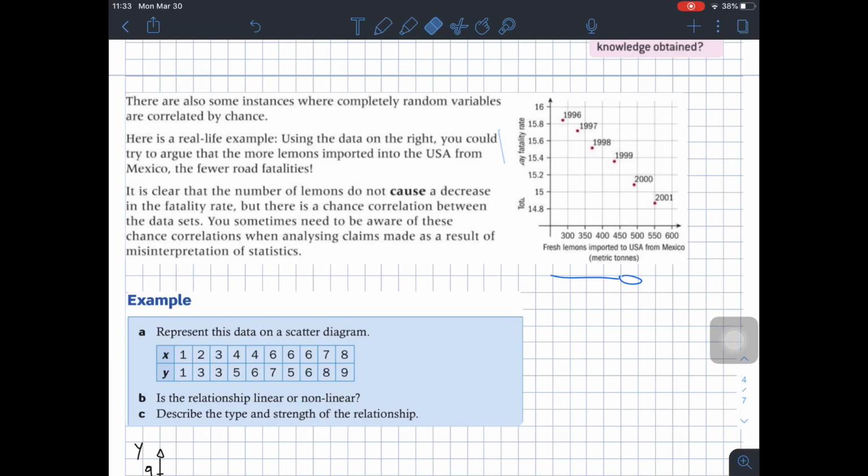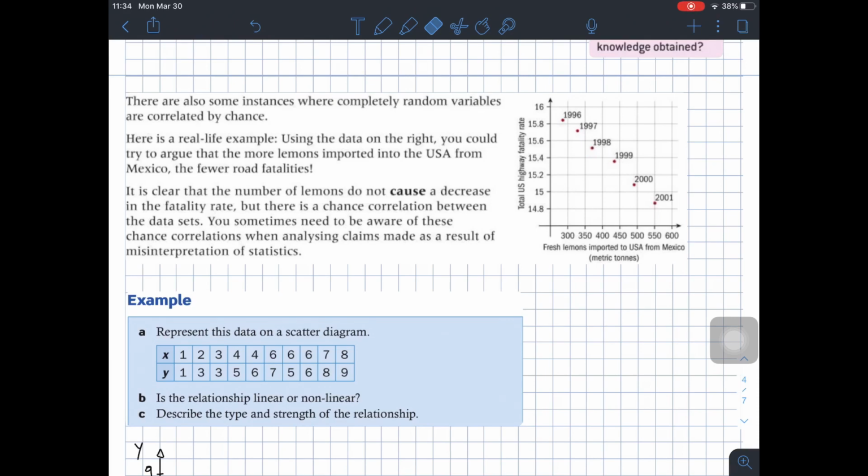But if you think the two variables have nothing to do with each other. So it says, it is clear that the number of lemons does not cause a decrease in the fatality rate, but there is a chance correlation between the data sets. You sometimes need to be aware of these chance correlations when analyzing claims made as a result of misinterpretation of statistics.